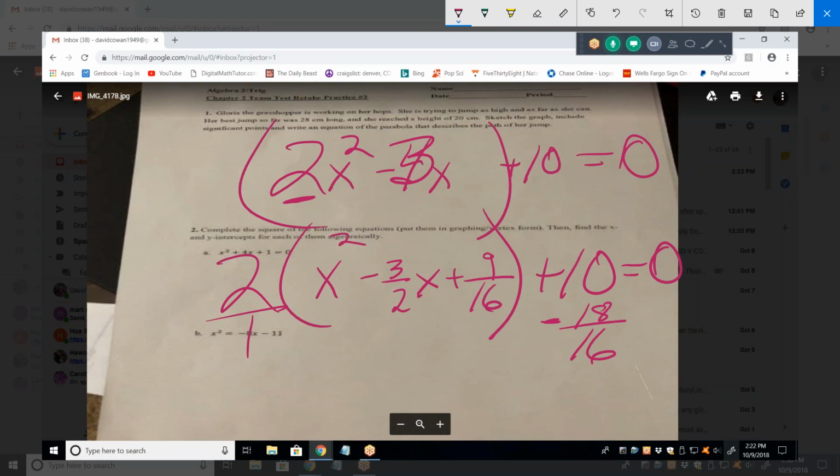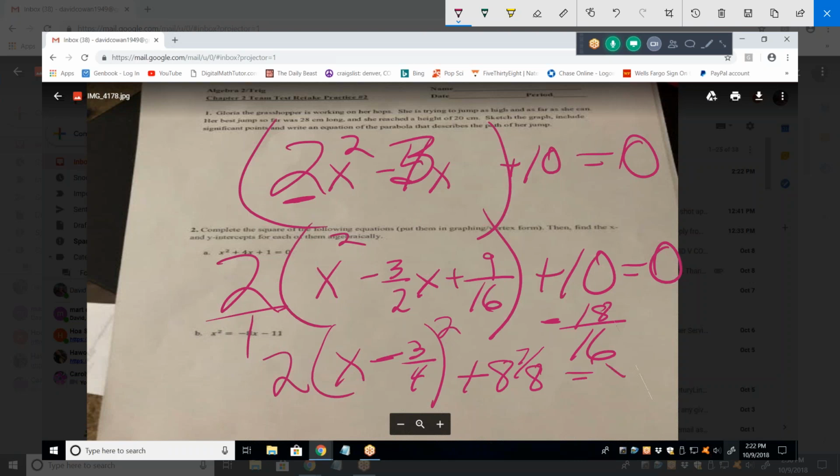Now, the way I would write this in the final format would be 2 times x minus, what was half of that? 3/4 squared. And this looks like negative 1 1/8. So that would become 8 7/8.